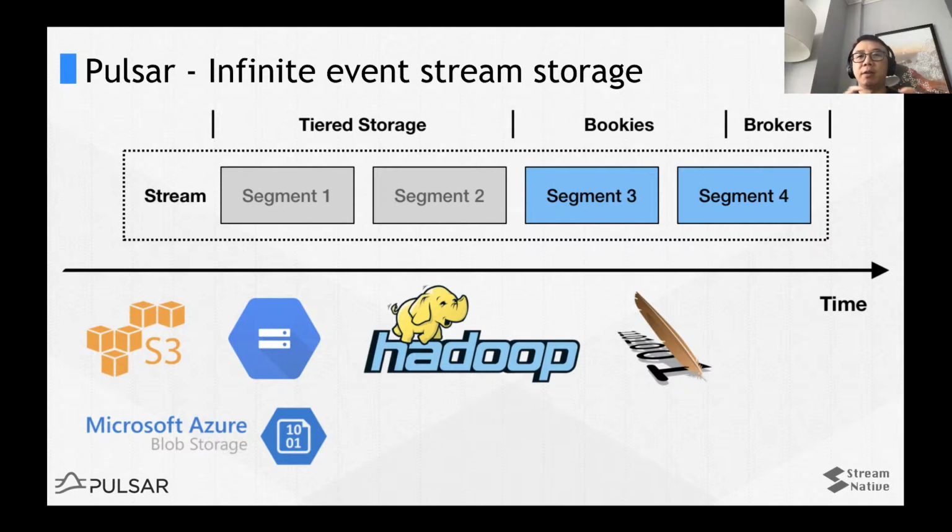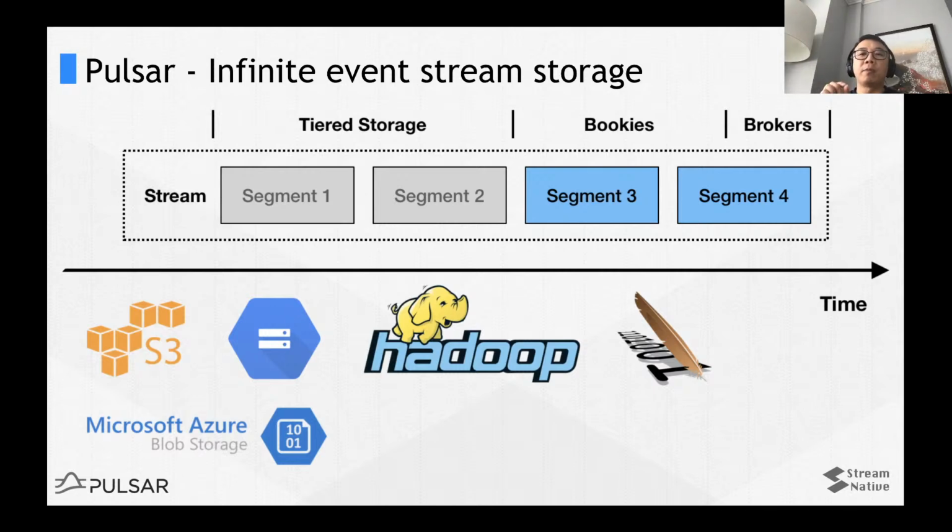It's an infinite event stream, and data at different ages is stored in different types of storage.